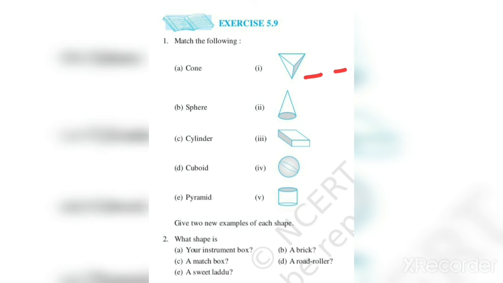Is it a cube or cuboid? Matchbox, sweet laddu, a brick or a road roller? See these things or imagine these things and tell what shape each thing is. Very easy. Solve this exercise by yourself.